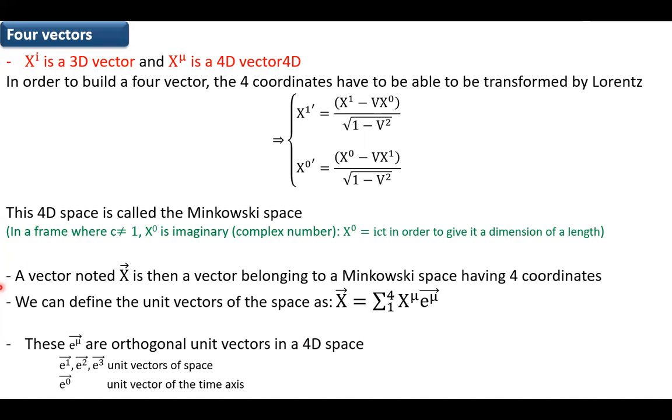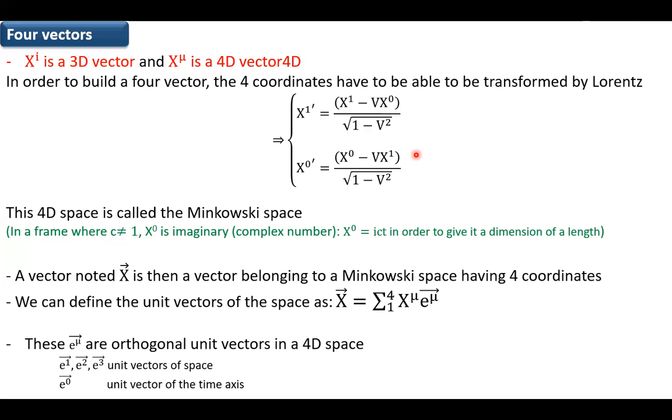No, in order to call it a 4 vector, your 4 coordinates should be able to be transformed by Lorentz. If one of the coordinates does not have a Lorentz transformation, then your vector is not a 4 vector. It is just a vector with 4 coordinates. In order to call it a 4 vector, the 4 coordinates have to be transformed by Lorentz.